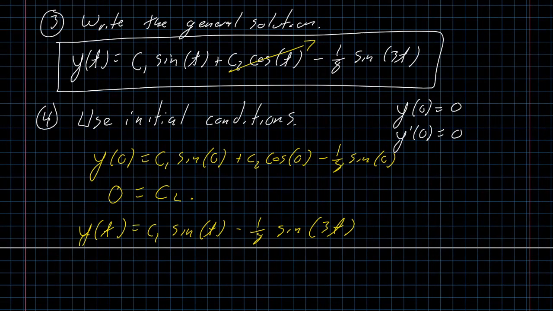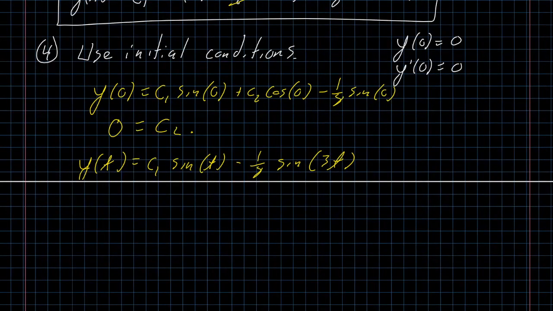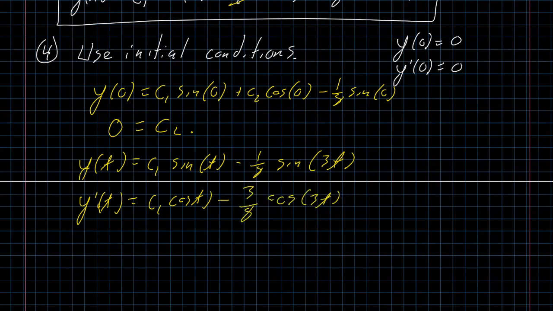And if we're lucky, we can figure out what c1 is using the second initial condition. So y prime of t, just differentiating here, is going to be c1 cosine of t minus 3/8 cosine of 3t. And then we can evaluate that on our second initial condition. y prime of 0 is going to be equal to c1 times the cosine of 0. Cosine of 0 is 1, minus 3/8 times the cosine of 0.